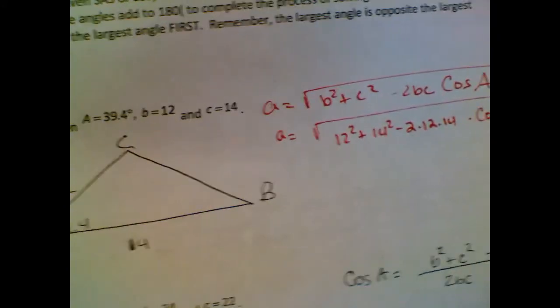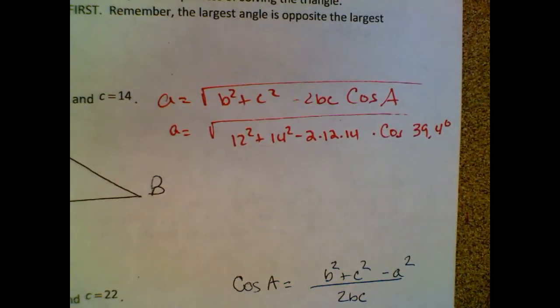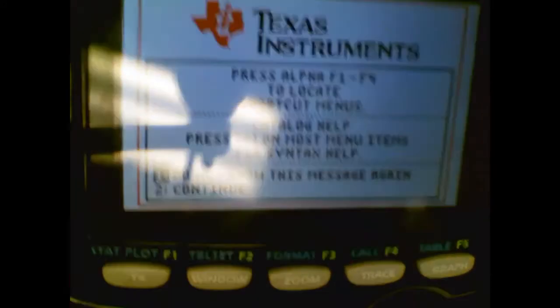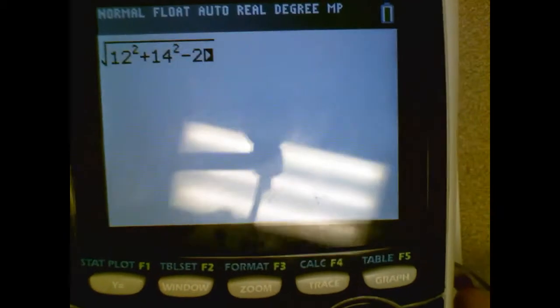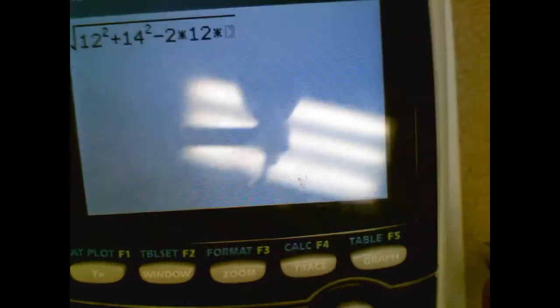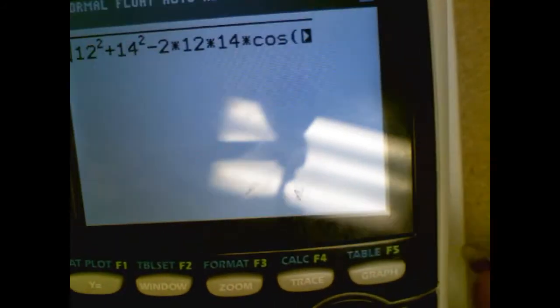And basically you just punch that all into the calculator. Let me get a calculator ready. So you're going to go square root of 12 squared plus 14 squared minus 2 times 12 times 14 times cosine of 39.4.